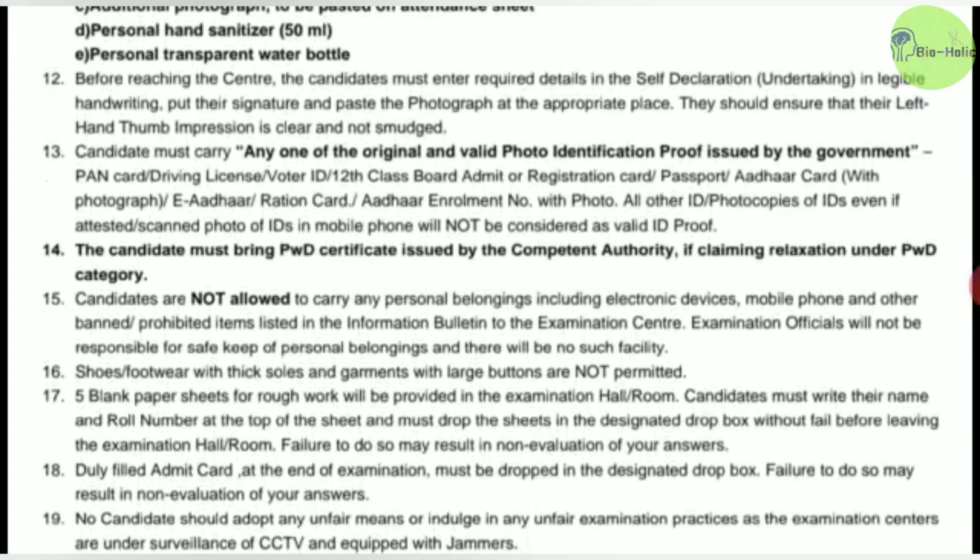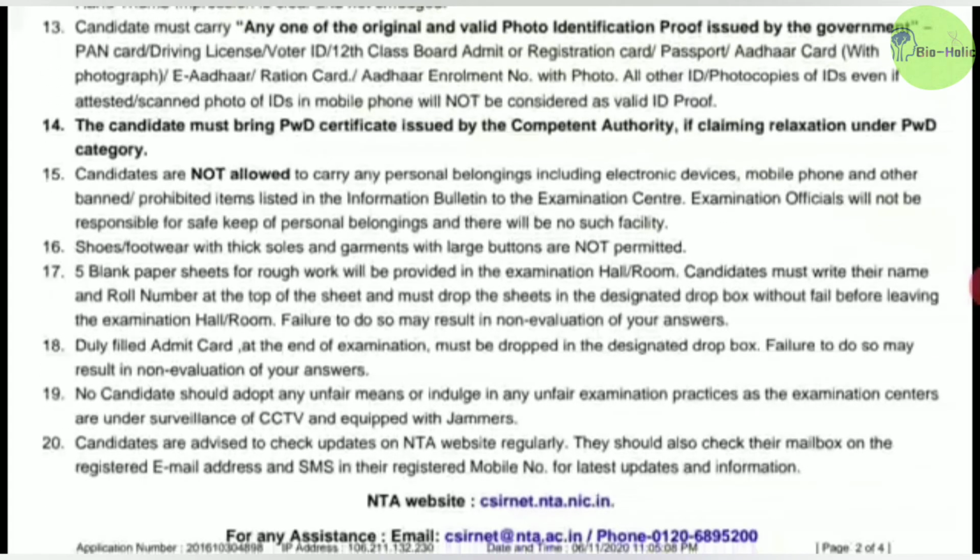And in point number 18, the duly filled admit card at the end of the examination must be dropped in the designated drop box. Failure to do so may result in non-evaluation of your answers, which is very important, guys. Please keep it in your mind.